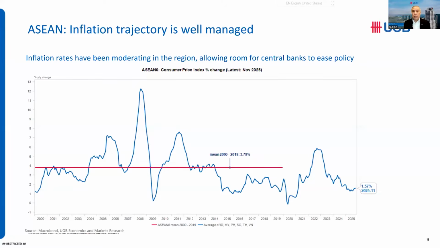Let's say if they want to cut interest rates, so-called ease policy, then they have much more room compared to if you are in a very tight situation, where you cannot do much, right? That is not the case for Southeast Asia, including for MAS as well. So that is the flexibility that the central bank has, and they can have a bit more leeway to manage any situation that could come in, especially a negative situation, right?